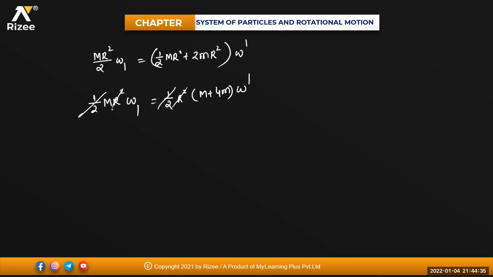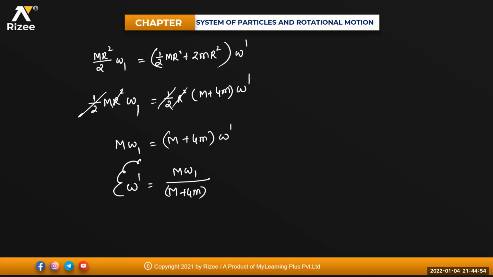This R square will also get cancelled. So M into omega 1 is equal to capital M plus 4 times small m into omega dash. That means omega dash will be equal to capital M into omega 1 divided by capital M plus 4 times small m. This must be the answer for this.